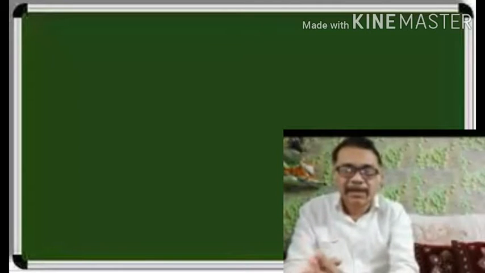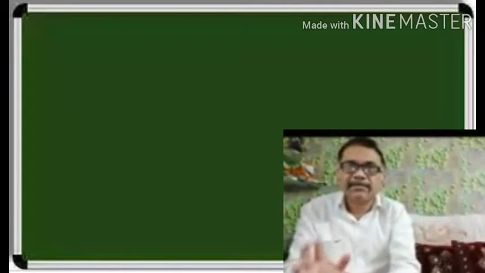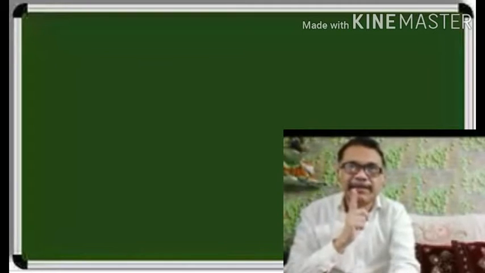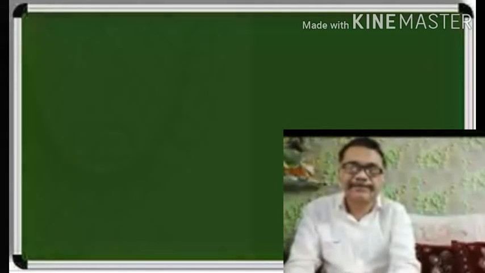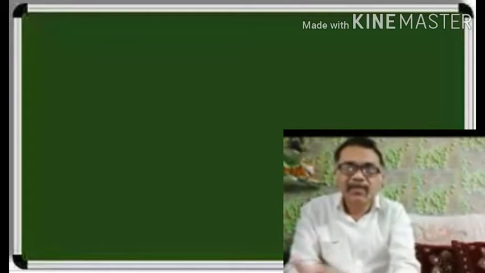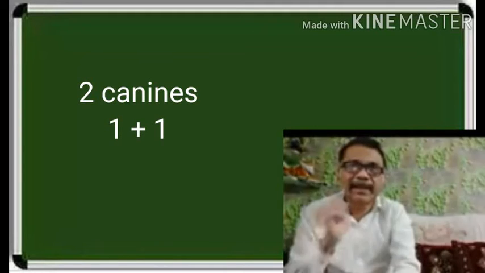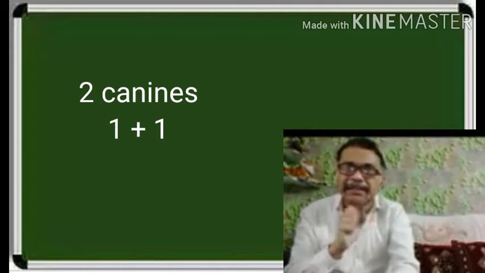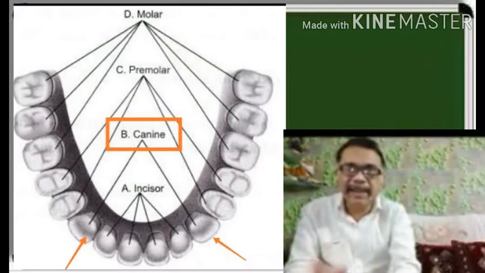So 2 incisors in the left part, 2 incisors in the right part. So the number of incisors in the lower jaw is 4. Then 1 canine in the left part, 1 canine in the right part. So the number of canines in the lower jaw is 2.